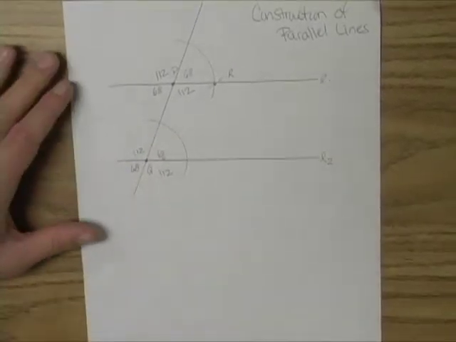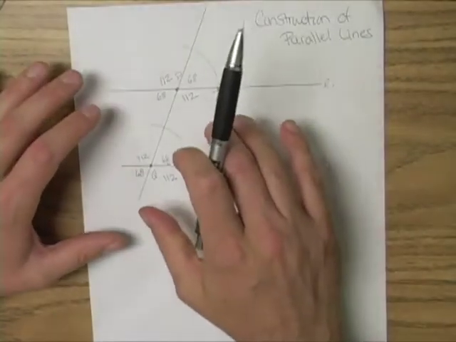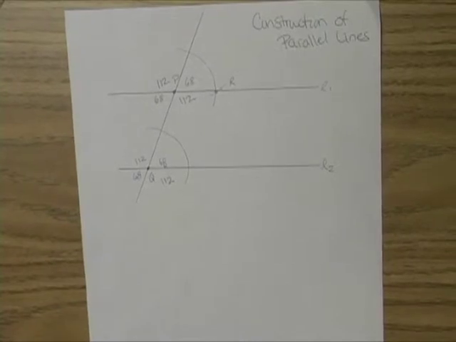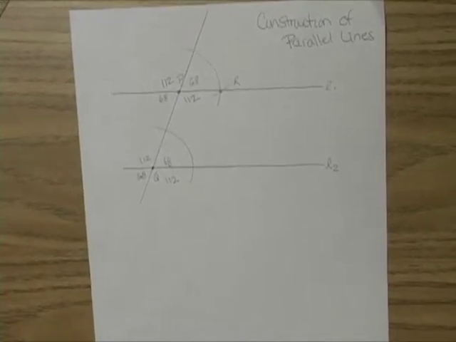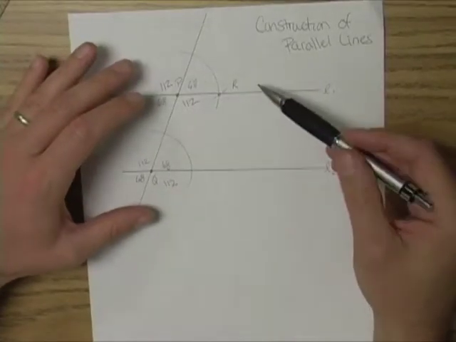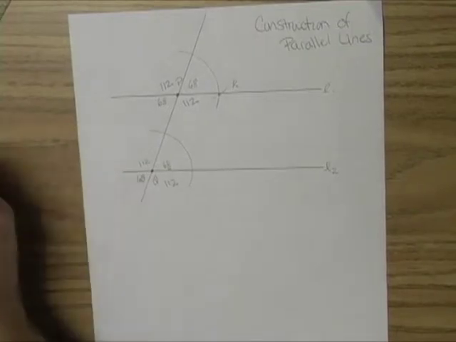So that means they are supplementary. These are a key concept for this chapter: knowing those four relationships: corresponding, alternate interior, alternate exterior, and consecutive interior angles. And they make sure that these lines are parallel. We'll be diving deeper into that in future lessons.